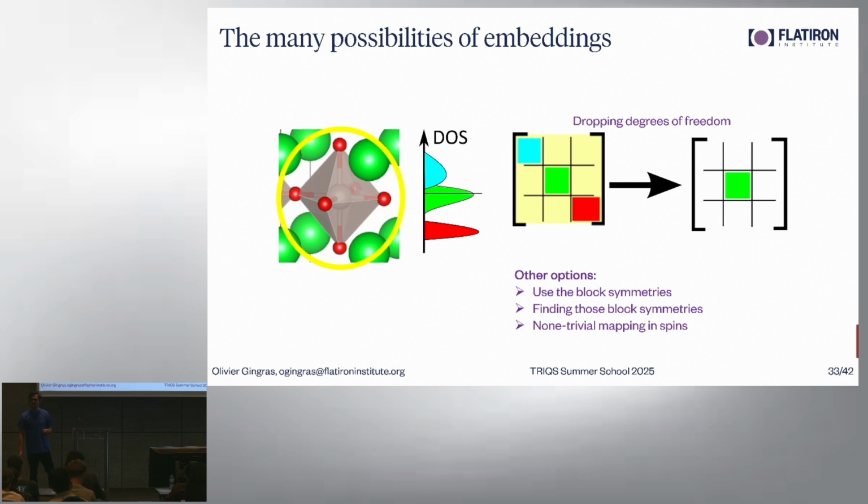How does the self-consistency with the DFT part work if my embedding breaks the translational symmetry of the lattice? Well, that's an interesting question that I'm not sure about the answer. I think you can periodize. Yeah, so you can remain in the superlattice.